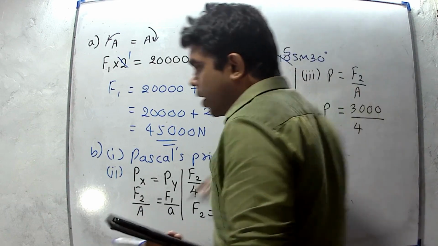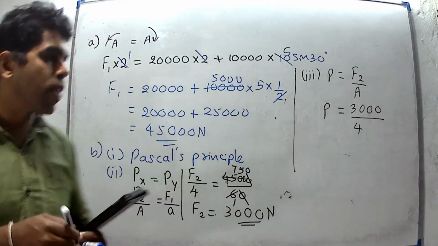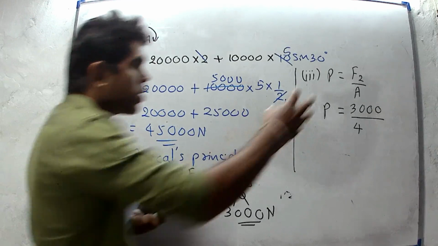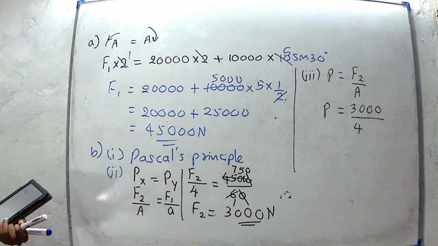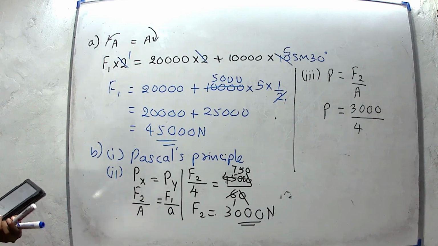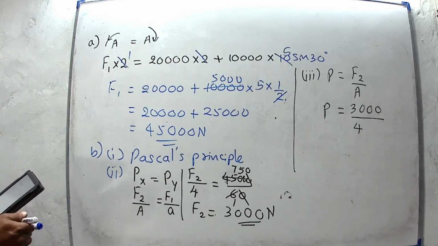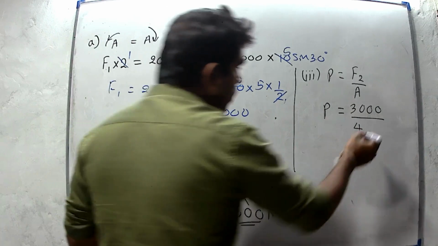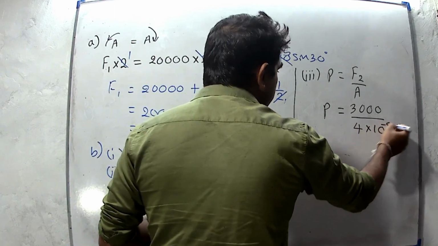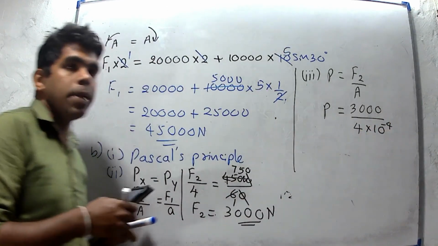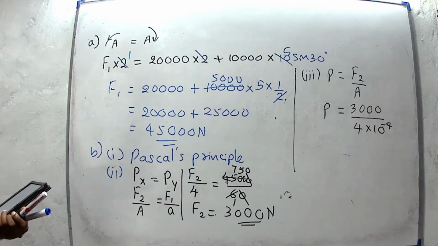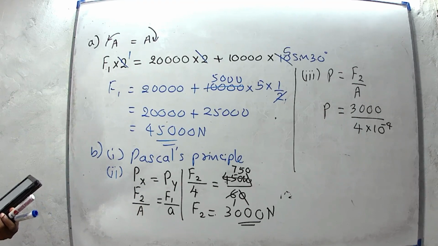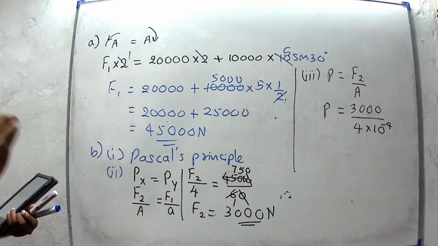But we have to convert 4 square centimeters to square meters because we have to find the pressure in the SI unit, Pascal, or Newton per square meter. Then we can substitute 4 into 10 to the power minus 4. When converting centimeters to meters, we put 10 to the power minus 2, but in this equation we substitute area, so we convert square centimeters to square meters.